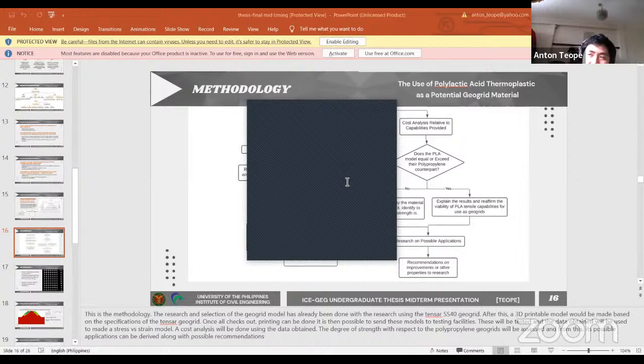Based on the classes, I thought FLAC slope would be the most appropriate program since it was able to replicate the visual and needed output, which was the factor of safety of the research of Wulandari and Tahandra.